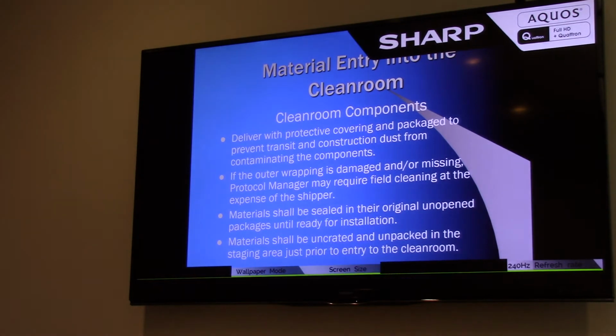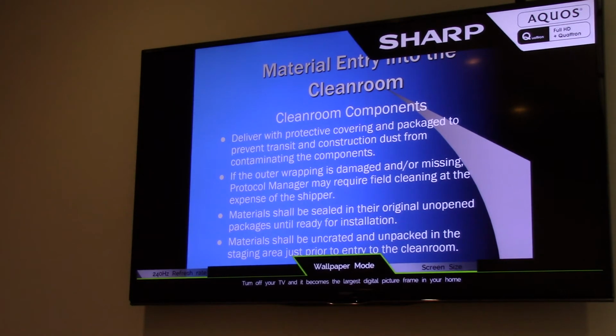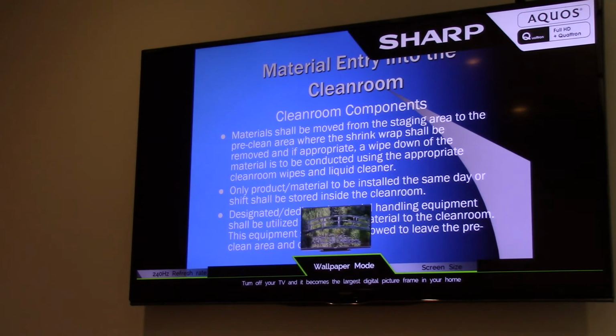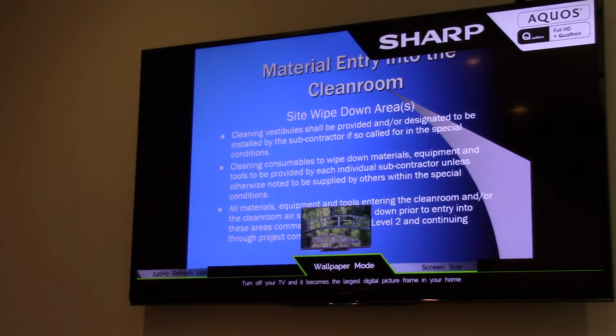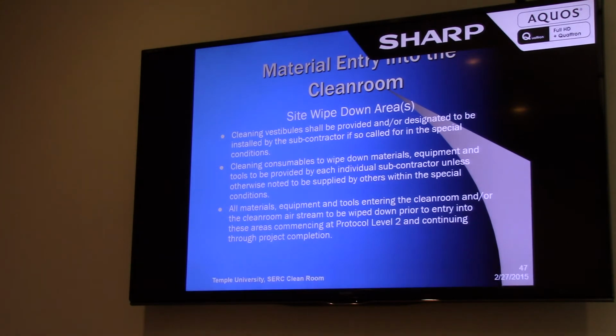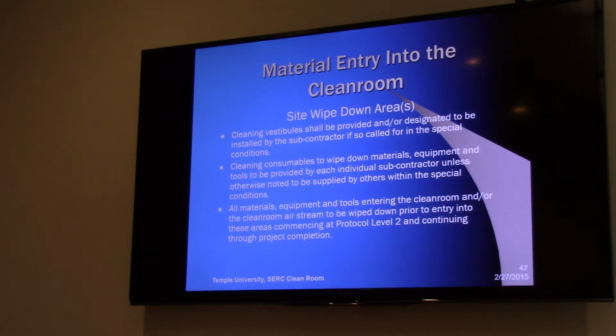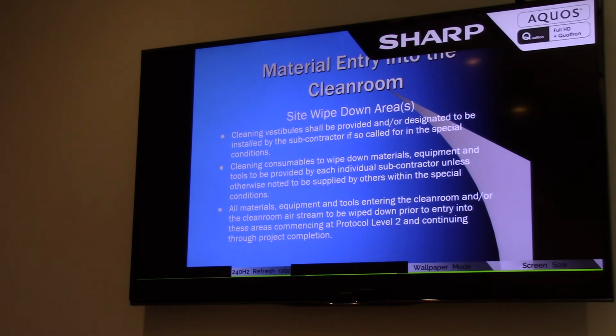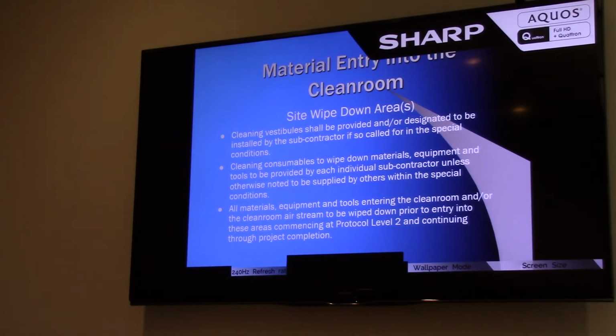It talks about the same thing about making sure everything's protected and covered. Talks about the staging area, which is really construction related. But I guess the thing is, if you're going to be bringing any new materials, or if you're doing maintenance or things that need to be repaired after the warranty, you'd want to follow this as if it's construction, right?